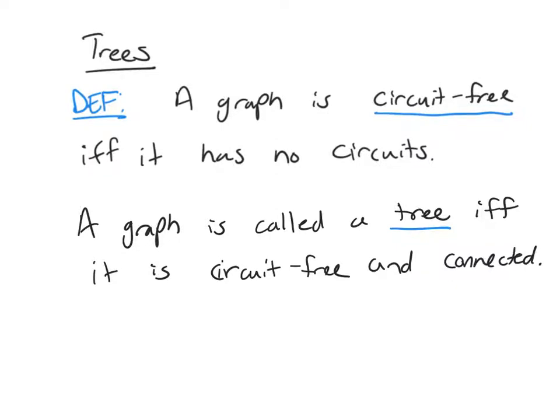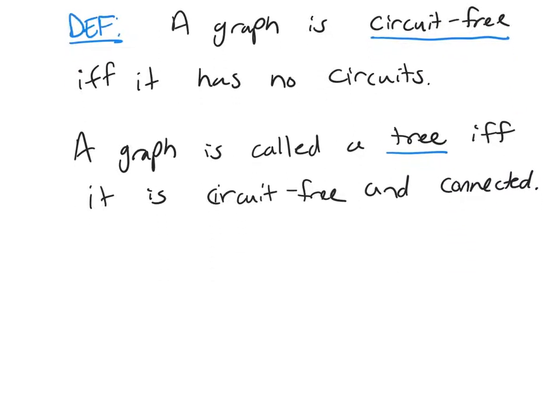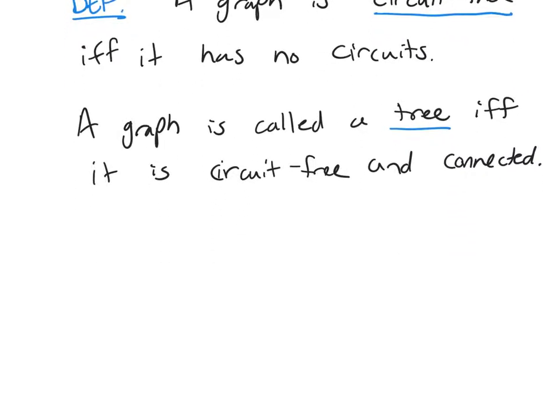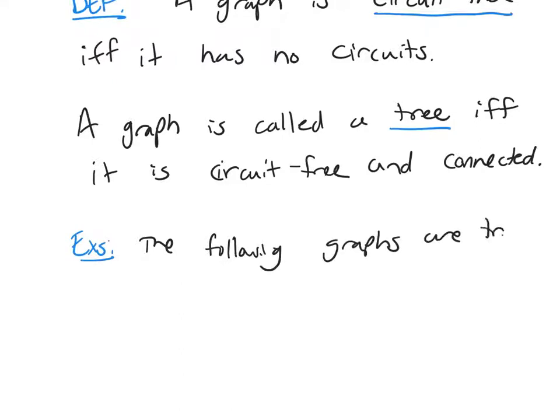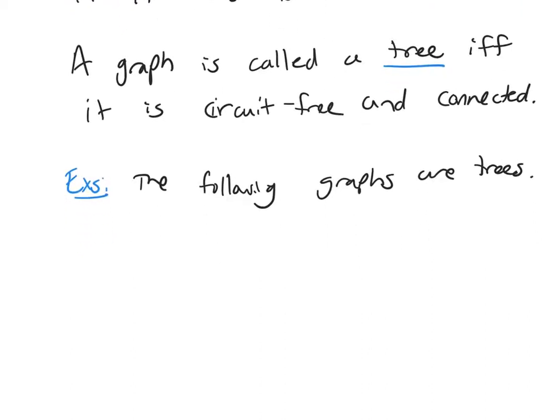So in order to have a tree, you have to have a graph that is both circuit free and connected. So let's look at a few examples. The following graphs are trees. The graphs will look like this. And I'm not going to label any of the vertices and edges.